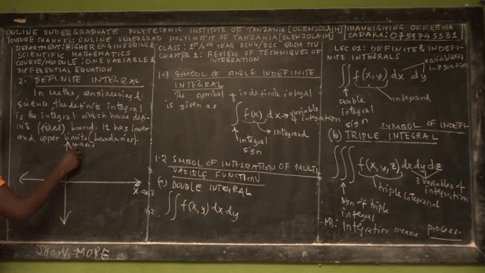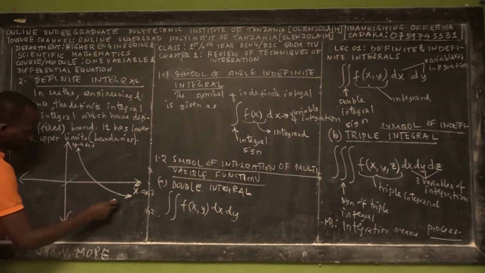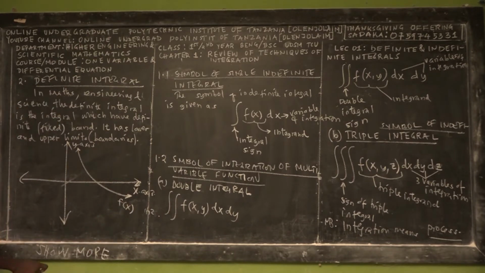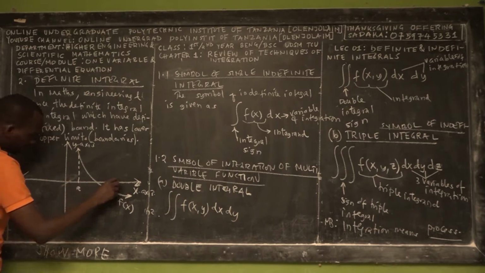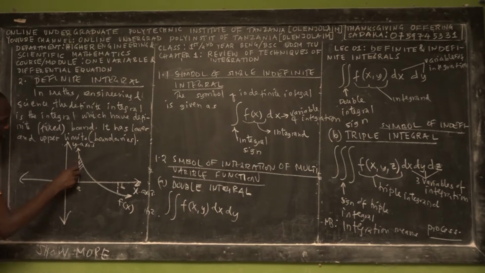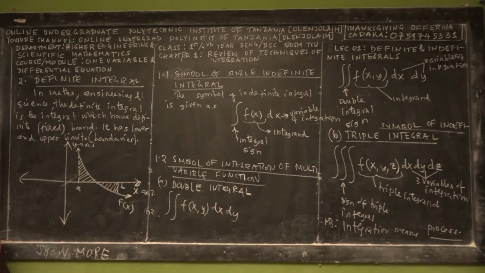You have a certain graph. Okay, so this is, for example, f of x. And then we can find the area bounded between point A and point B. So you can find the area bounded by the curve between A and B. Alright, so this we call the bounded or the definite integral.